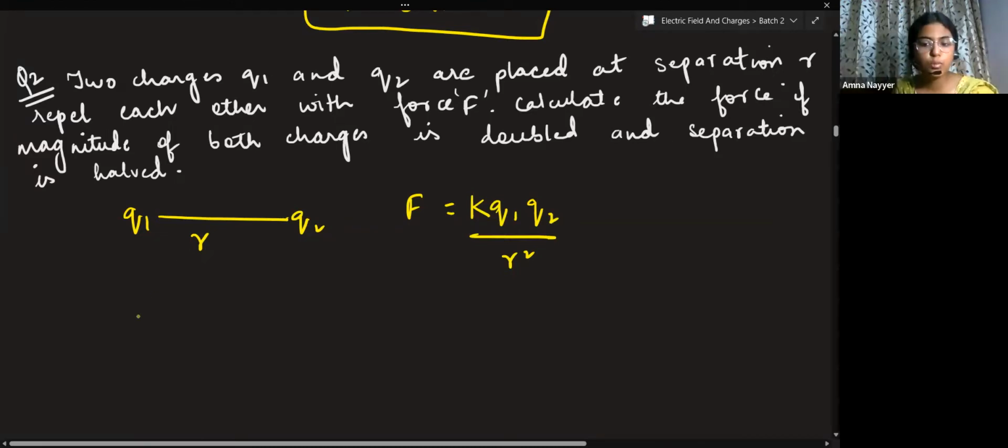So it won't be Q1 now. You have to take it as 2Q1 and 2Q2. And the separation between these two charges is not R. Since the separation has been halved, this will be R by 2.